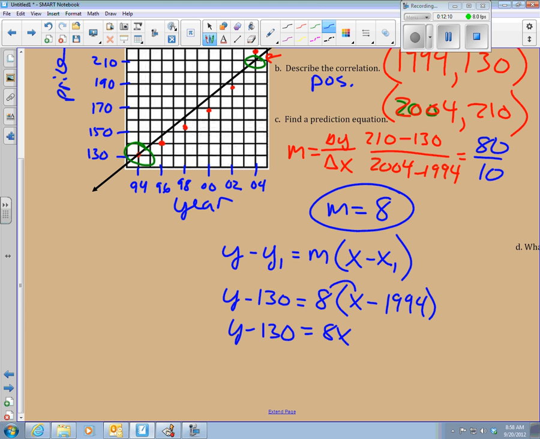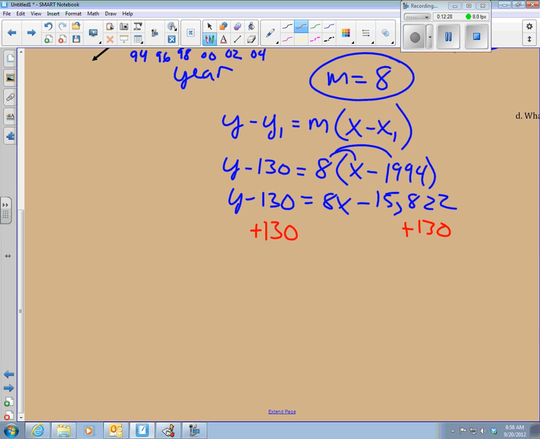We get 8x minus 15,822. Adding 130 to both sides. This is negative 15,000. This is positive 130. So really, you're taking the difference.